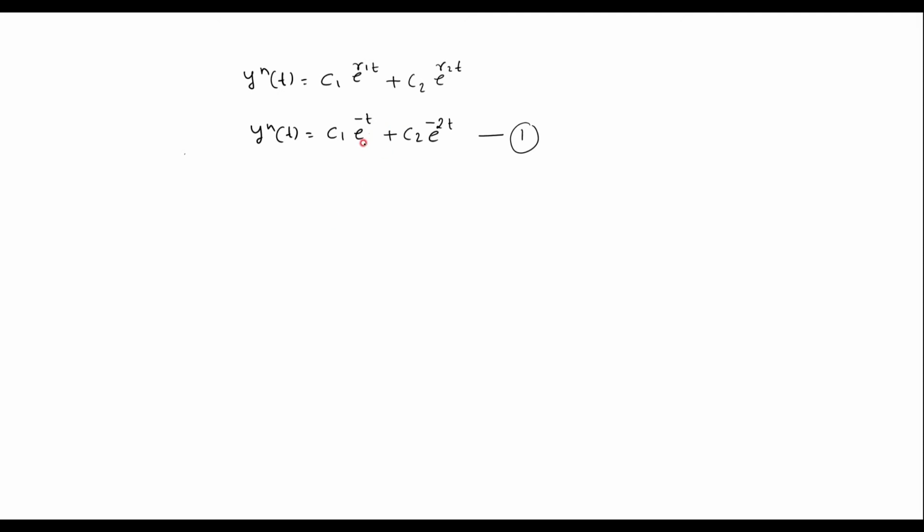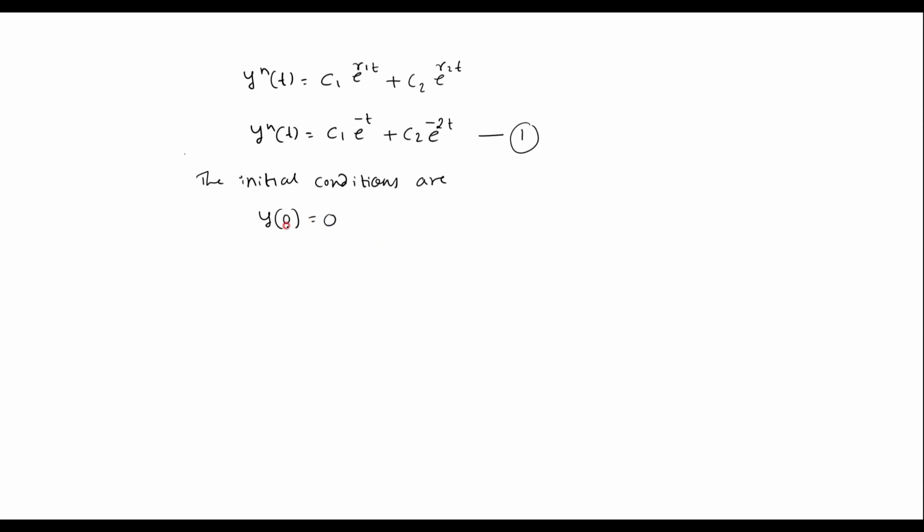Now we'll find the constants C1 and C2. Once we find C1 and C2, we can write the natural response of the system, that is yn(t). The initial conditions are given. One is y(0) equal to 0.